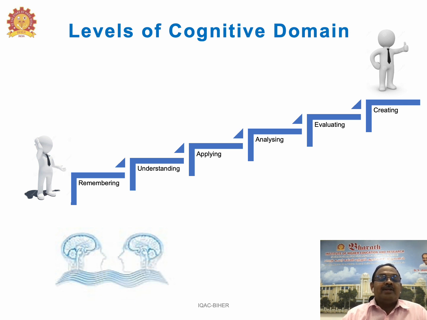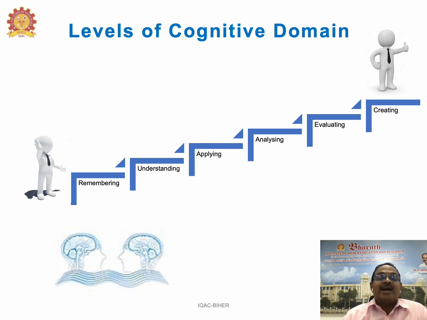Whatever is learned in our brain is only possible in this structure. The first level is that you must remember the concept, and the second level is that you have to understand the concept. The third level is applying the concept.